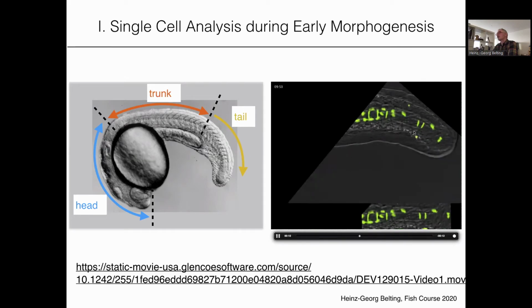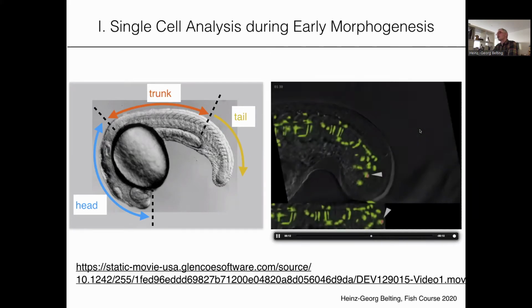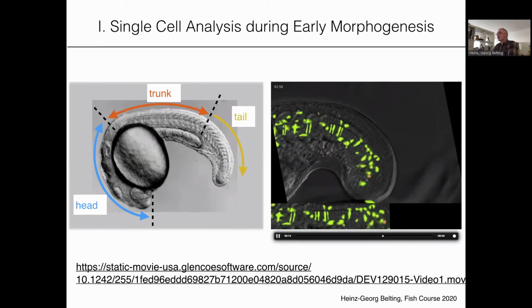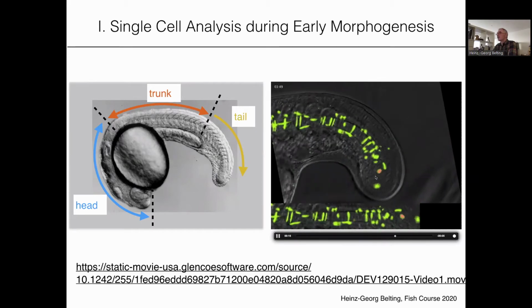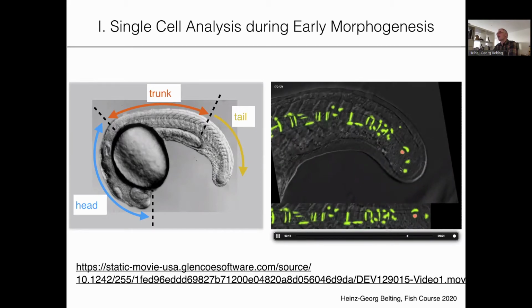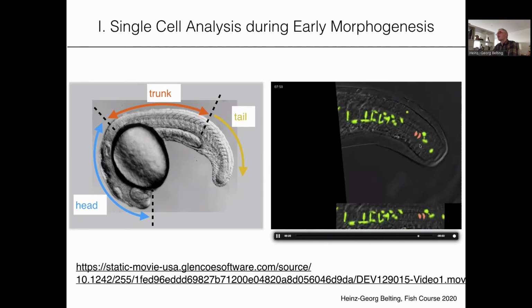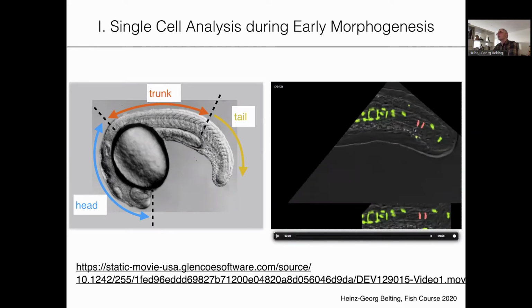And actually, then you have these 2 cells here in the notochord. And in this video, these cells have been marked. So you see cells at the tip of the tail, and then these cells become integrated into the notochord. That shows basically that in the tail bud, there's a mixed population of cells, and some of them become incorporated in the notochord and other cells don't.